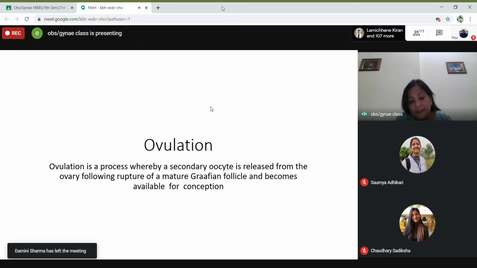So ovulation is a process in which the secondary oocyte is released from the ovary after the rupture of mature Graafian follicles, and it becomes available for conception. The ovum will be ready for conception. That is ovulation.